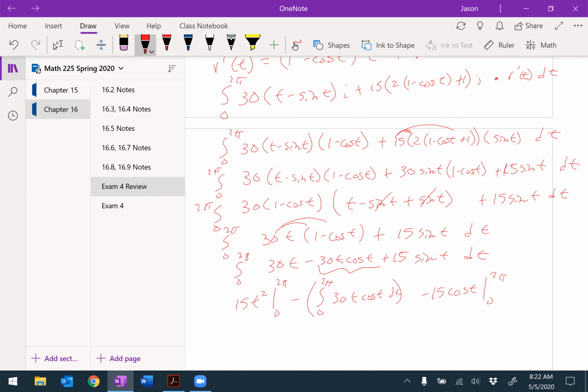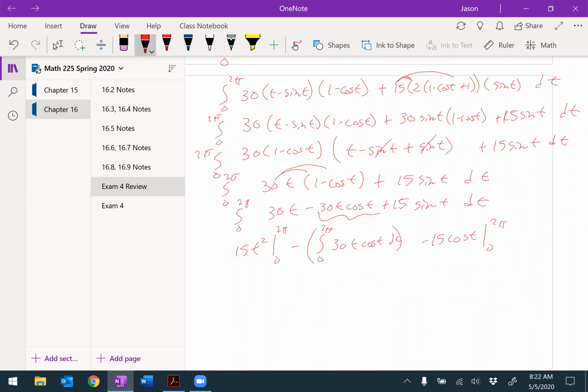I'm going to hold off on the evaluation of these for right now. I could plug that in on both sides, which is fine. Well, maybe I will do that, maybe I'll plug it in for the first one. It's pretty simple, and it gets rid of some stuff too.